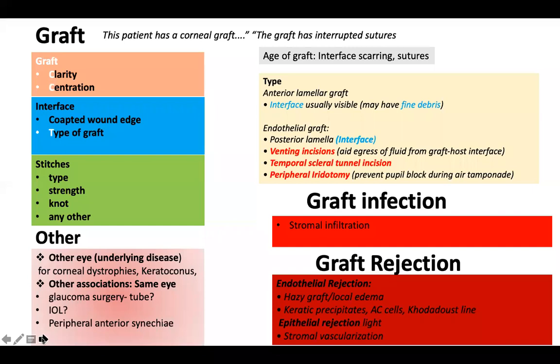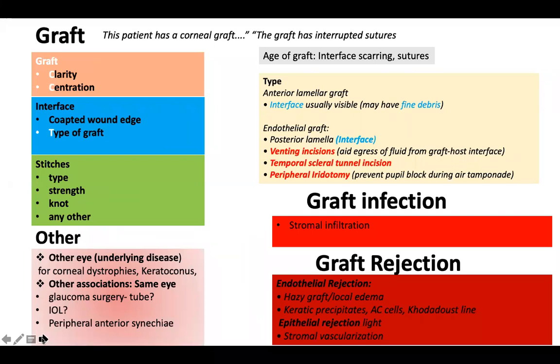So we can check the other eye for dystrophies or keratoconus. We check the same eye if there is associated glaucoma surgery, tube, IOL, posterior or anterior synechia. From the interface, scarring, and sutures, we can know the age of the graft. We can differentiate between anterior lamellar graft and the endothelial graft by the interface.